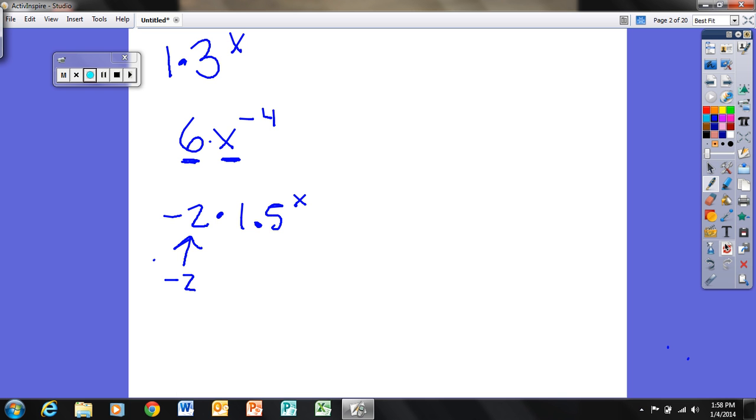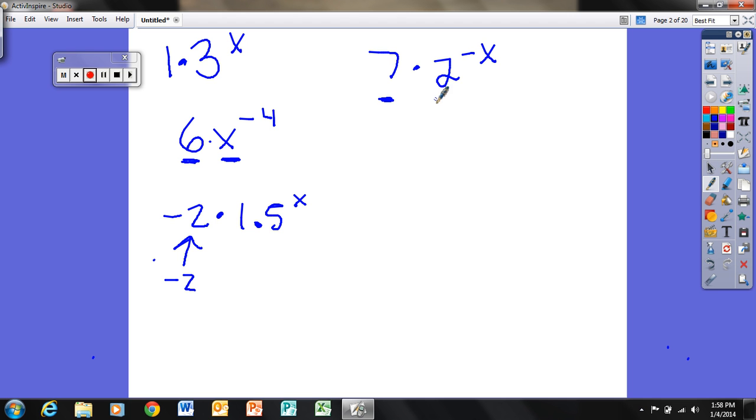This one is a little bit trickier. It's 7 times 2 to the negative x. Would this one be an exponential function? Yes, it is an exponential function. Again, 7 is our initial value, it's our a value.